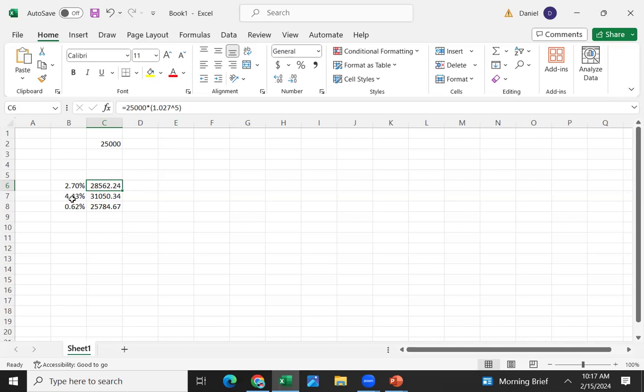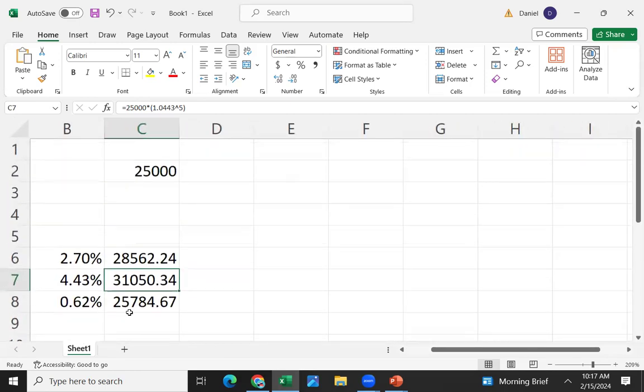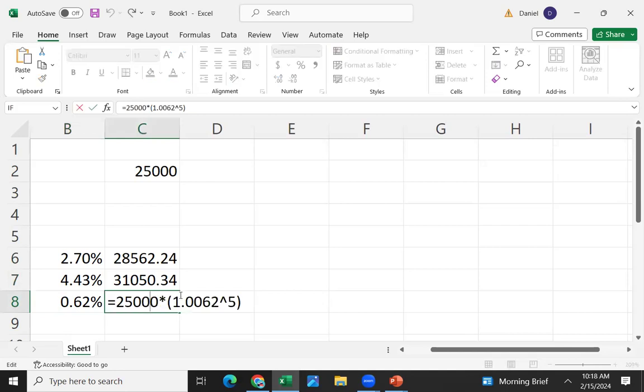Now let's look at it if it was 4.43%. So you're going to do 25,000 times 1.0443 to the fifth power, and look at that. Now you can do this in the calculator. I'm just showing you in Excel just because it's easier to show you than pulling up the calculator. Now, let's look at how much it would change if it was at the lowest rate in 2007. So you would do 25,000 times 1.0062 to the fifth.